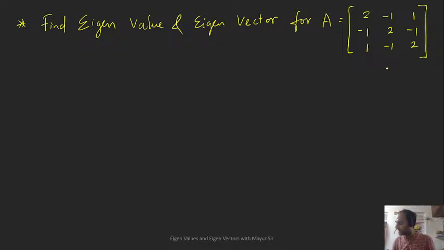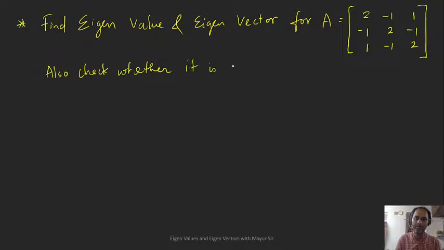This is A, and also check whether it is diagonalizable.